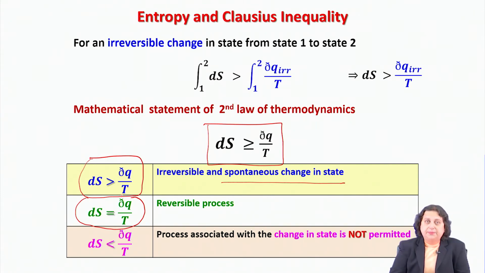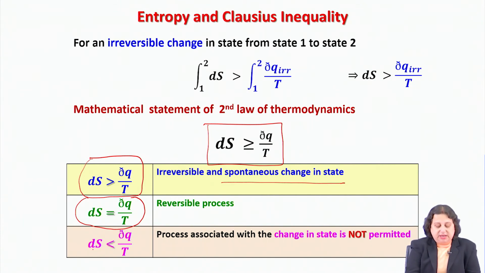Now, if it so happens that there is a process which is trying to take the system from an initial state to a final state with which there is an infinitesimal change in entropy involved, which is less than dq by T, this process is not going to be spontaneous.